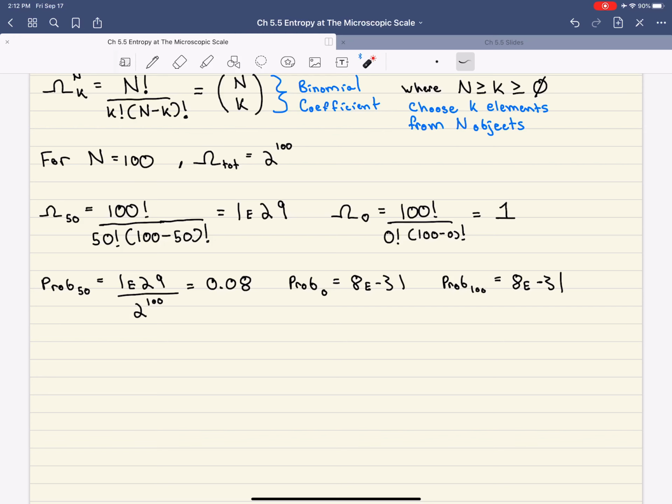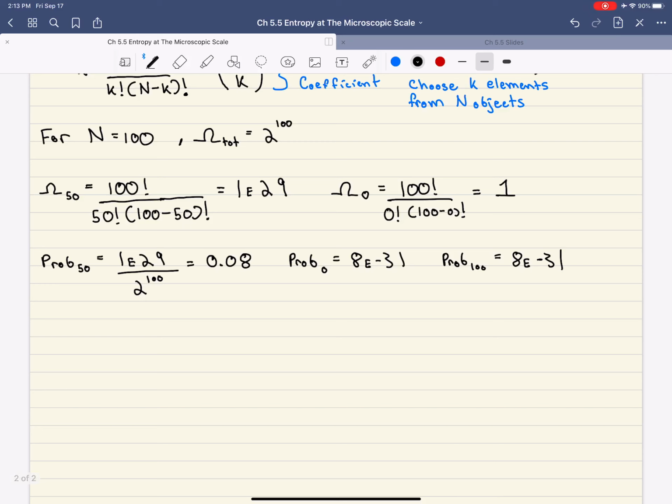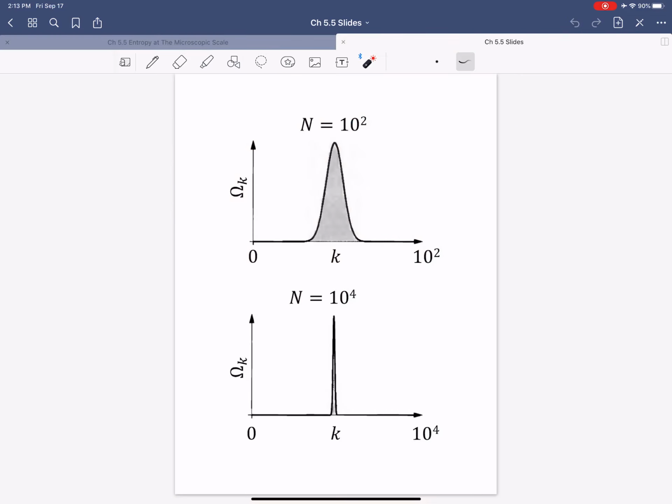And so that's generally true. The observation you should see here is that if you increase the number of coins in this collection and you flip them, the distribution of how many coins you get face up gets narrower. To visualize this, we could compare the distribution of omega k for the case where we have 100 coins to the distribution of omega k for the case where we have 10,000 coins.